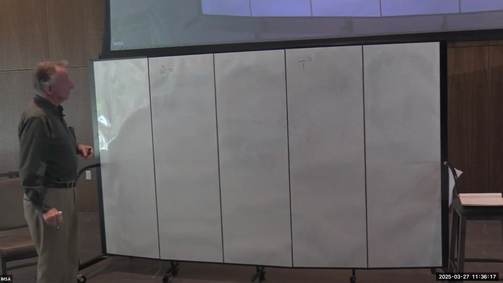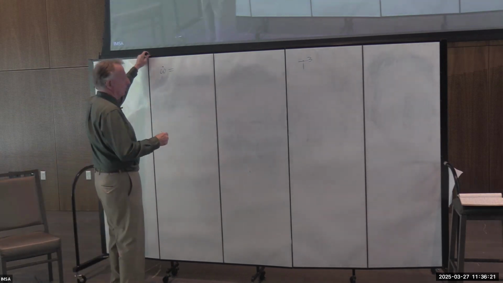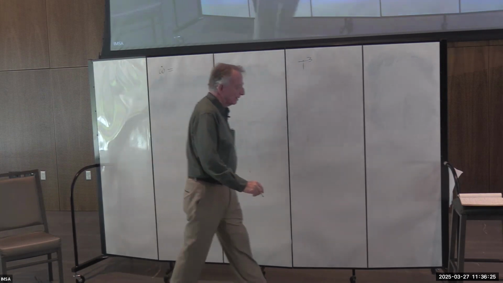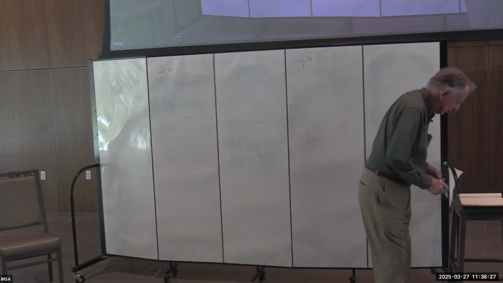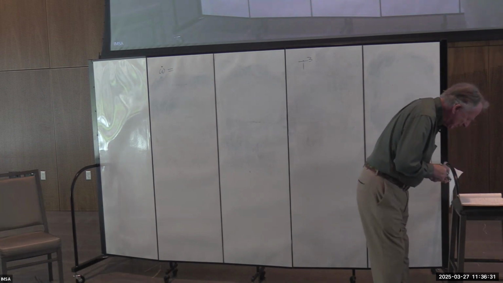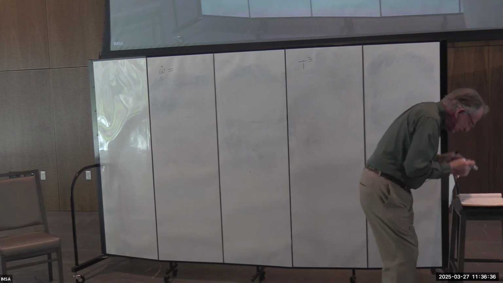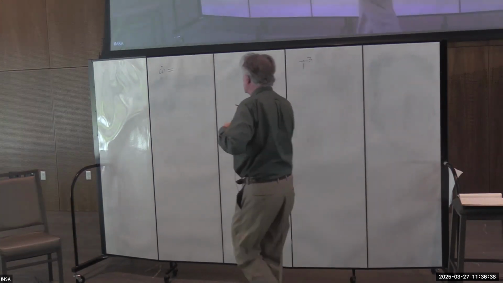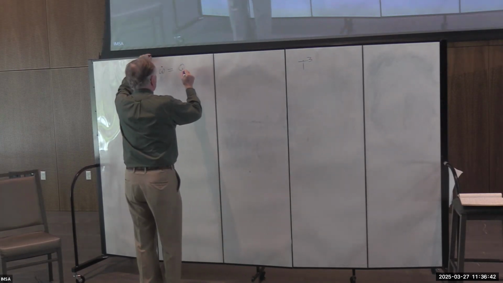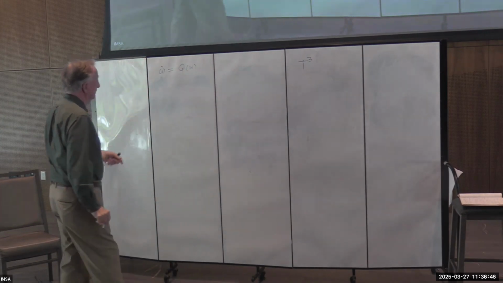This vector field is called the vorticity, and it evolves according to the ideal fluid equation. So it evolves according to some quadratic function of omega. I'll just write it like that.